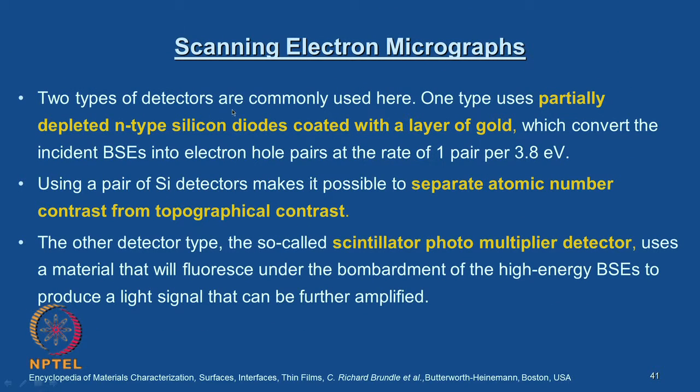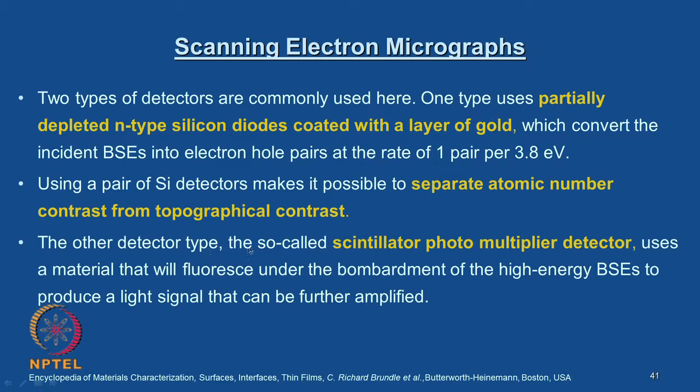Two types of detectors are commonly used here. One type uses partially depleted N-type silicon diodes coated with a layer of gold, which convert the incident BSEs into electron hole pairs at the rate of 1 pair per 3.8 electron volt. Using a pair of silicon detectors makes it possible to separate the atomic number contrast from topographic contrast.